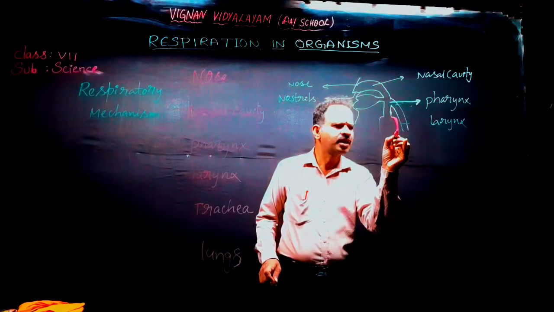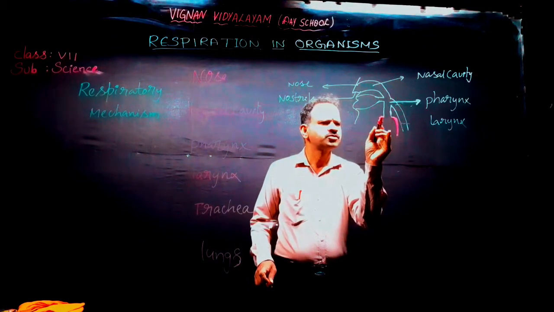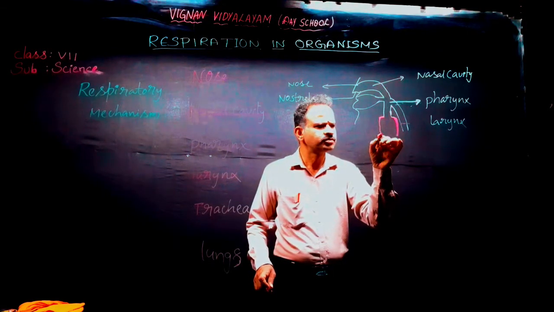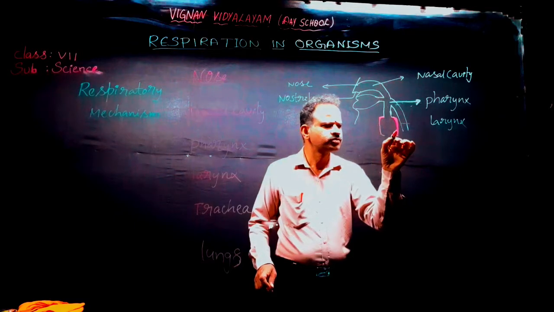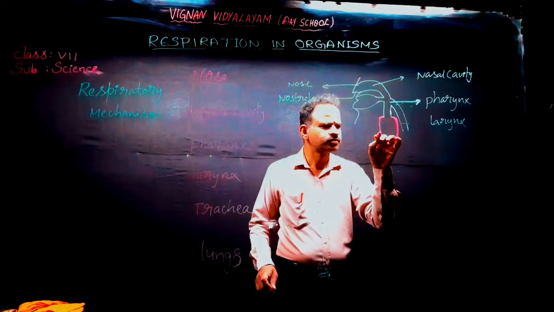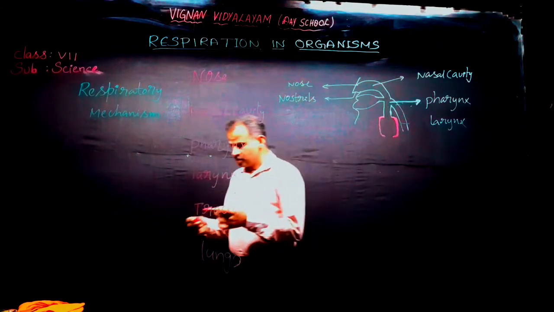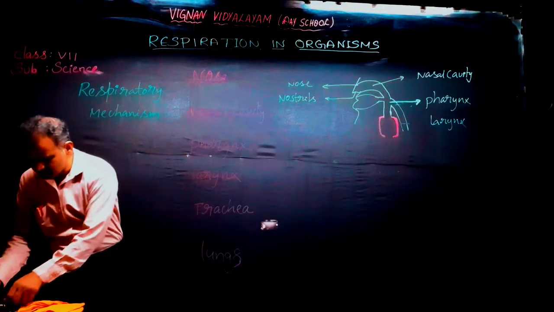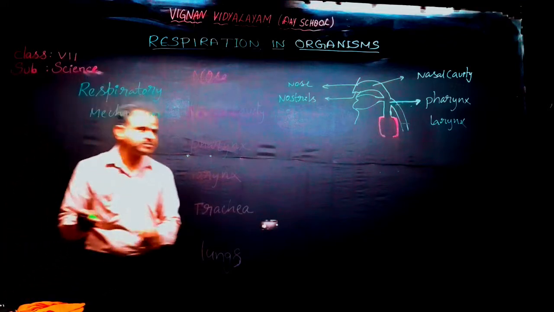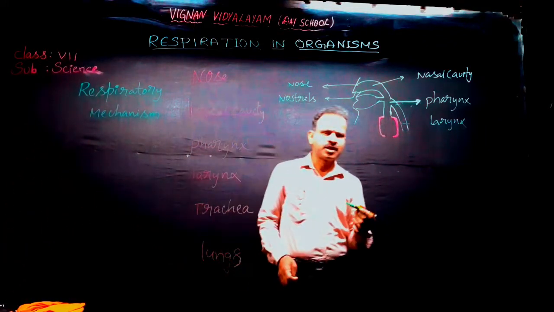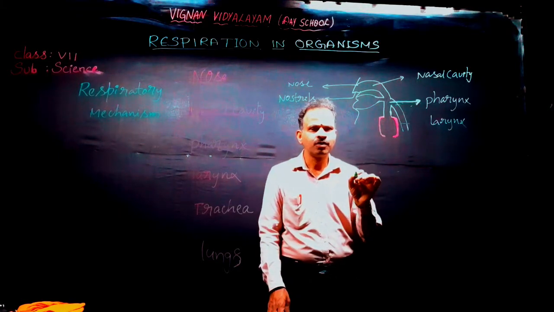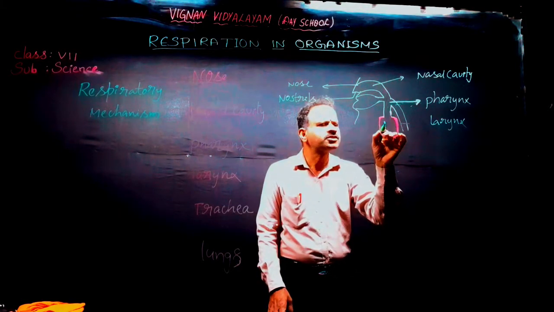This is larynx. Children, if you observe the larynx, in the larynx there are two cords.